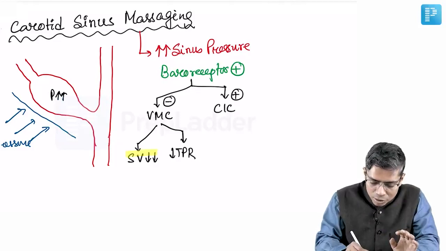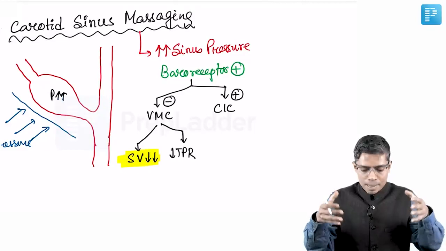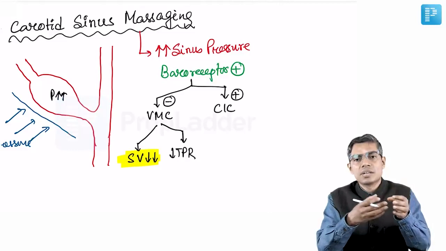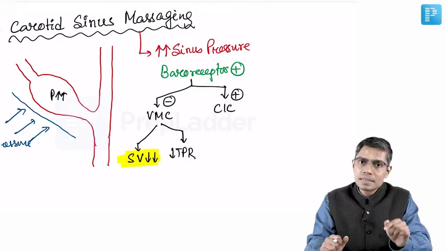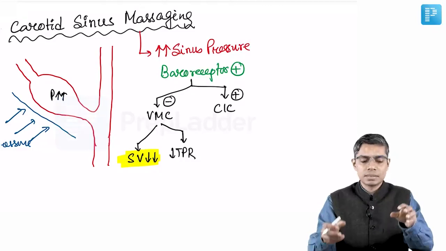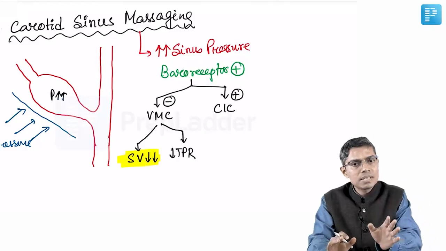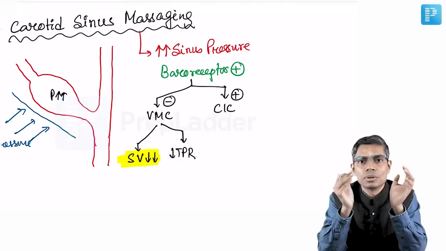Please remember, sympathetic and parasympathetic. Sympathetic has main effect on contractility of the heart because the sympathetic system supplies the ventricular muscle mainly rather than the SA node, AV node or atrial muscles. On the other hand, parasympathetic mainly supplies the SA node, AV node region. That's why parasympathetic is mainly for the control of the SA node, AV node, means heart rate will be controlled.